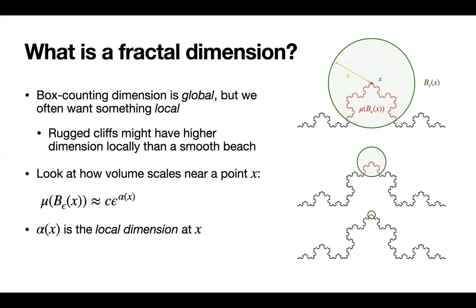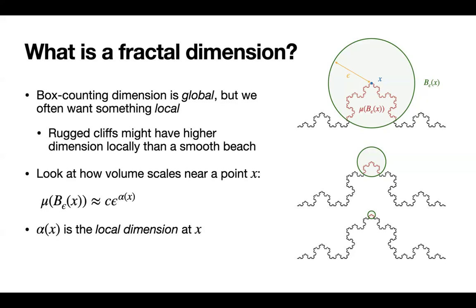So this local dimension is defined for a measure mu. And if you have a distance to define these balls, B of epsilon, and a point x that you're defining it about. You can see I have this example of the Koch snowflake, and we're looking at how much of this little snowflake is contained inside the circle as I shrink epsilon.